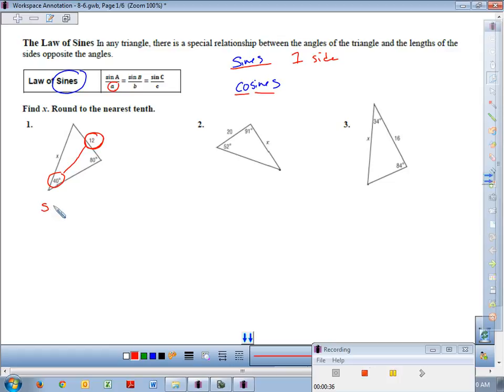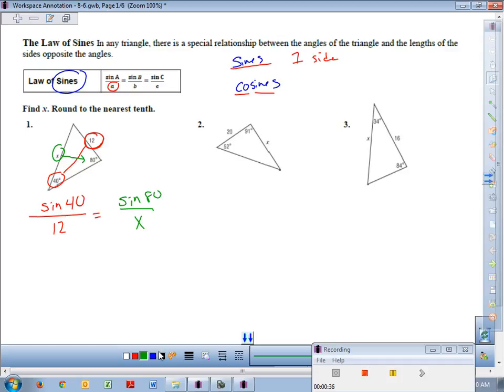So we can start with the sine of that angle over that side will be proportional to, if they're asking me to find x right here, I need to know the angle across from x also, which I do, so it's the sine of 80 over x. It's always the sine function because it's the law of sines, and the angle measure always goes next to the trig function right there.